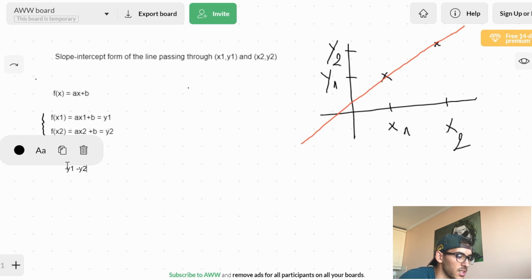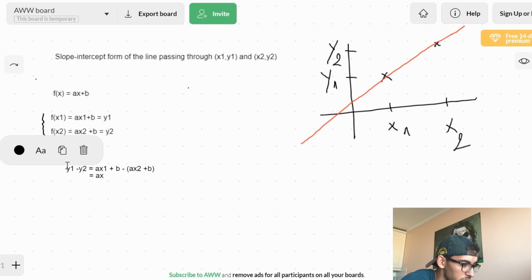I just want to eliminate the b so I can be left with the a, because that's going to give me ax1 plus b minus ax2 plus b. What does that mean? It means that y1 minus y2 is equal to ax1 minus ax2. The b's disappeared, which is equal to a multiplied by x1 minus x2.